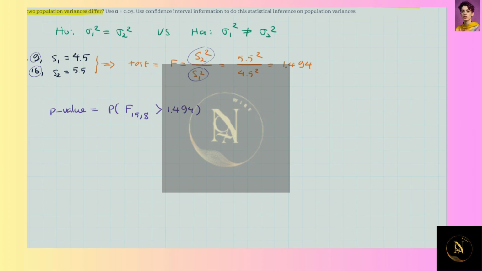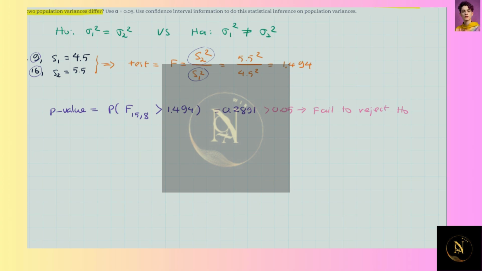To compute this probability, I will use the F distribution with degrees of freedom 15 and 8, and this will be greater than 1.494. Then we get 0.2891. When we compare the p-value with alpha, we see this is greater than 0.05. Therefore, we fail to reject the null hypothesis.